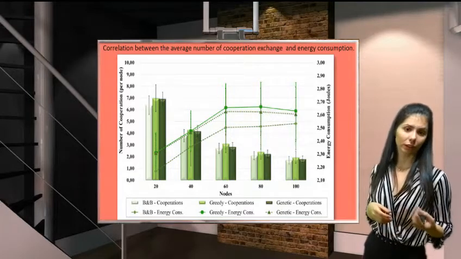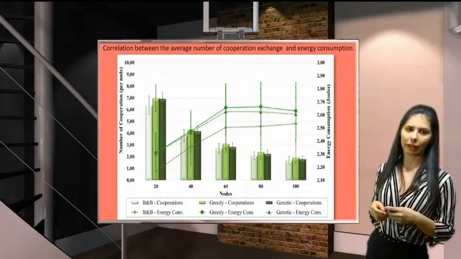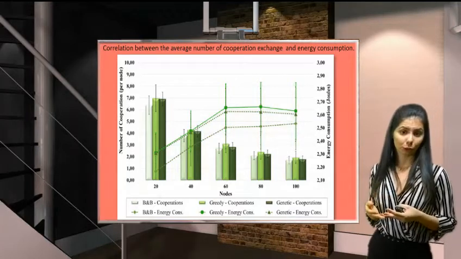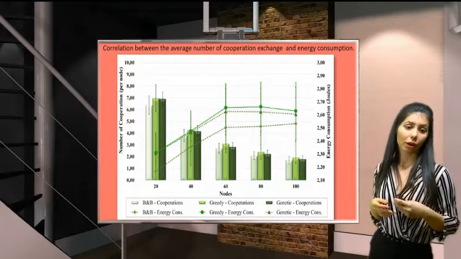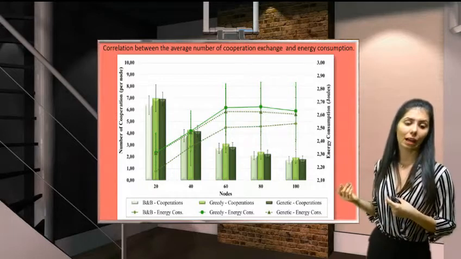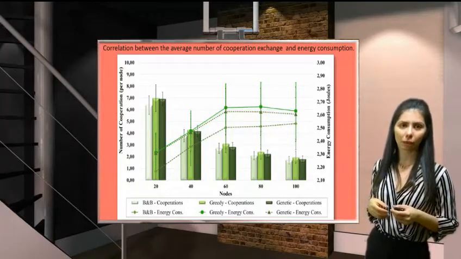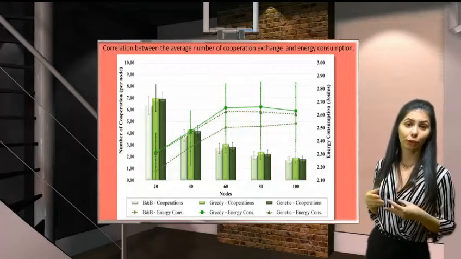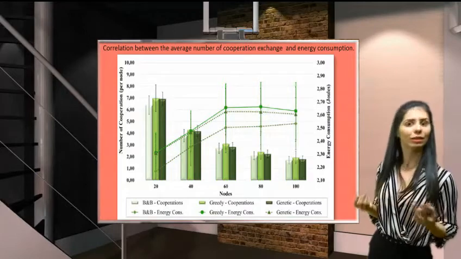This figure illustrates the correlation between the average number of cooperations exchanged per node in the bar chart and the energy consumption in the line chart. It is possible to observe that both the energy consumption and the average number of cooperations exchanged were very similar for all the algorithms. This behavior is a consequence of the smallest number of selected relays due to the optimization problem used to model all the algorithms.